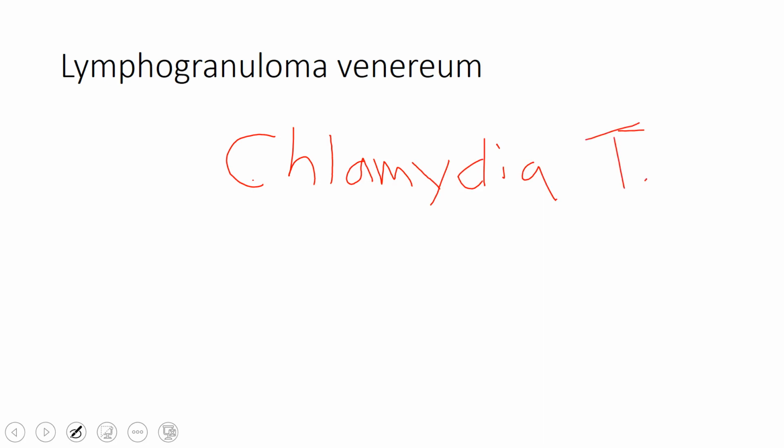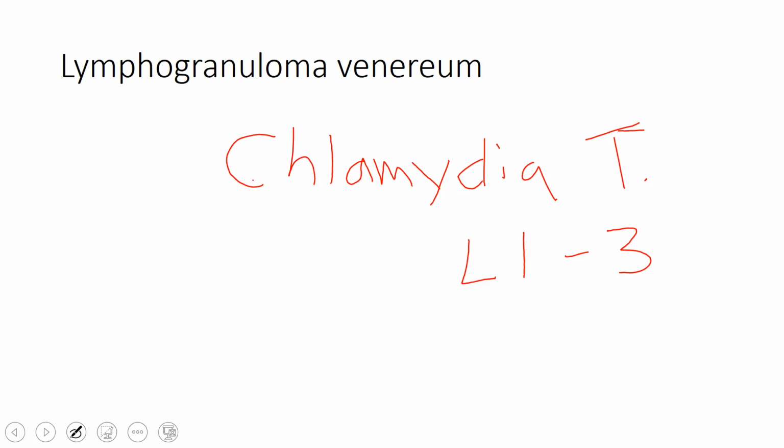I'm not going to spell the second word. There are particularly serotypes 1 through 3, L1 through L3, the L standing for lymphogranuloma. What lymphogranuloma venereum is, is necrotizing granulomatous inflammation of the inguinal lymphatics and lymph nodes.